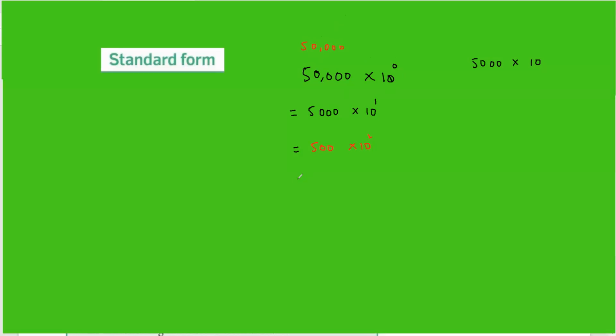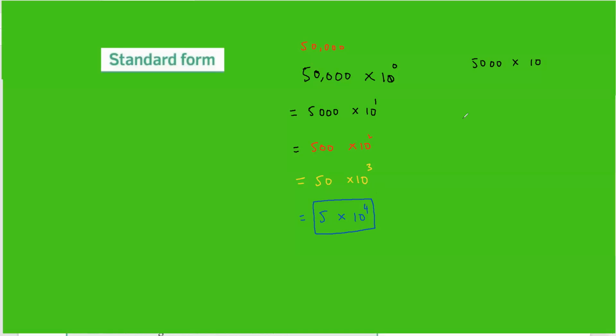I believe you won't mind if I write it as 50 into 10 cubed, and then I can also write it as 5 into 10 raised to power 4. This is 50,000 written in standard form.